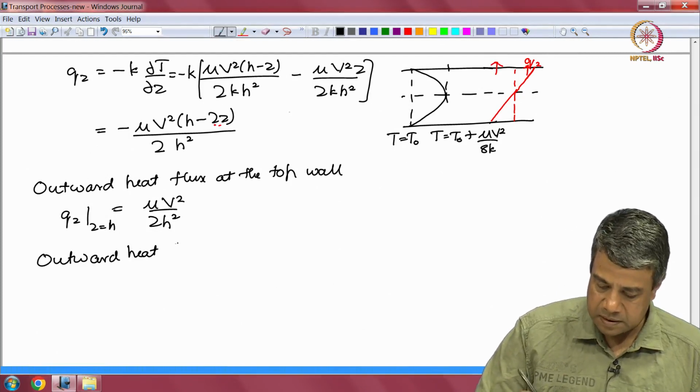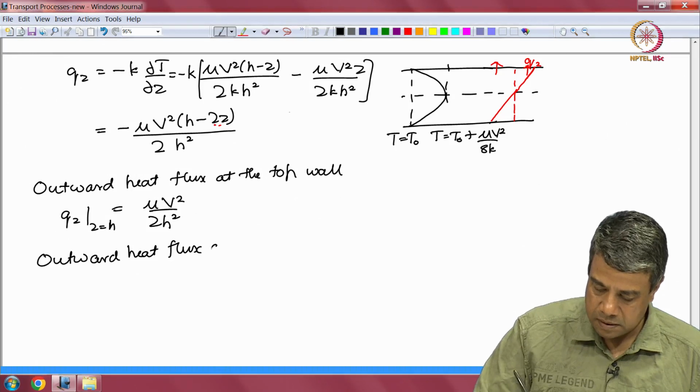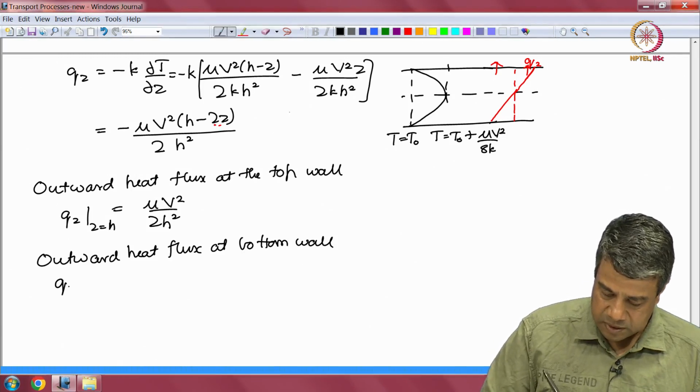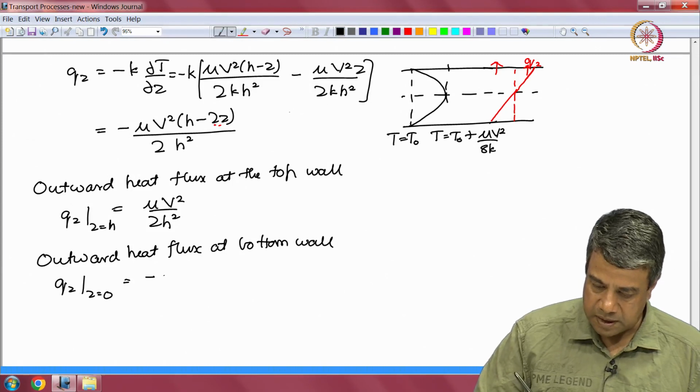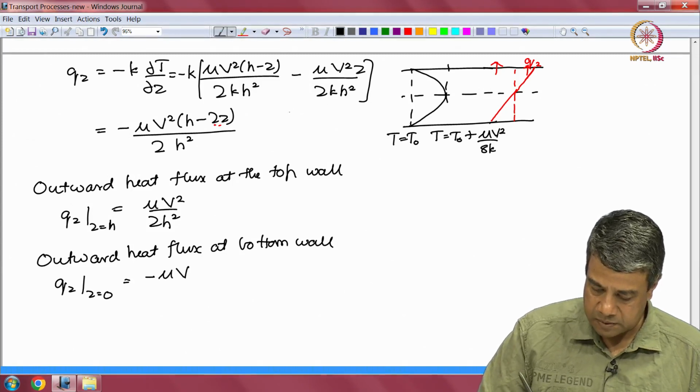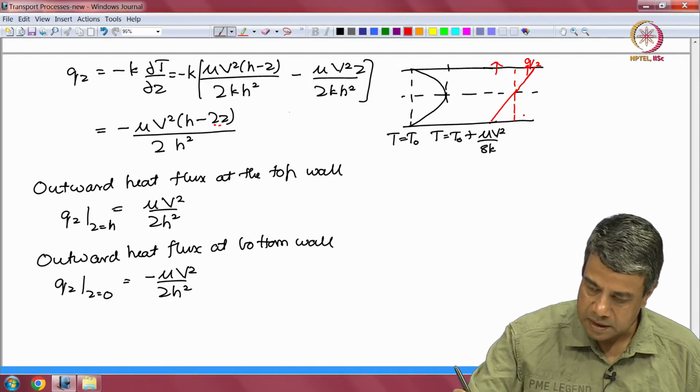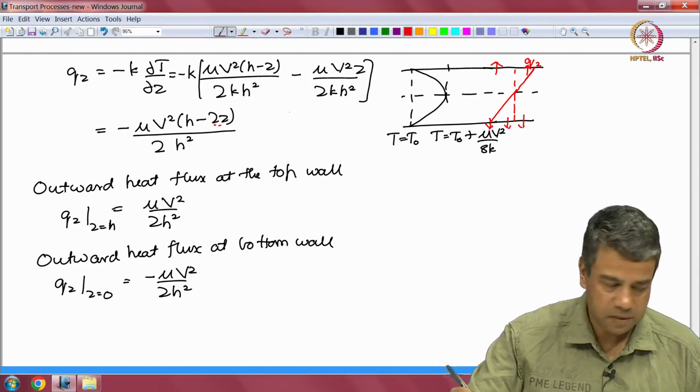Outward heat flux at bottom wall, q z at z equal to 0, is equal to minus mu v square by 2 h square. That heat flux is going down at the bottom wall.